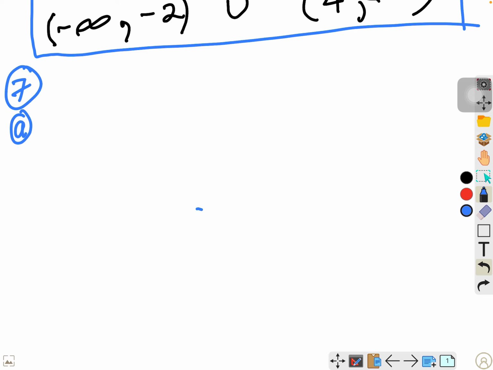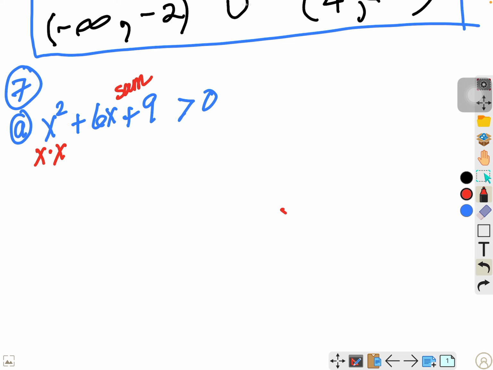Part A, we're going to be using the same trinomial, x squared plus 6x plus 9. And we're going to look at the case greater than 0. And when we factor this, we know the signs are going to be the same.